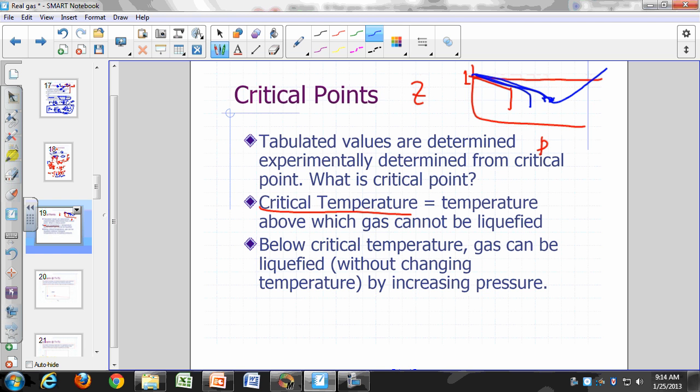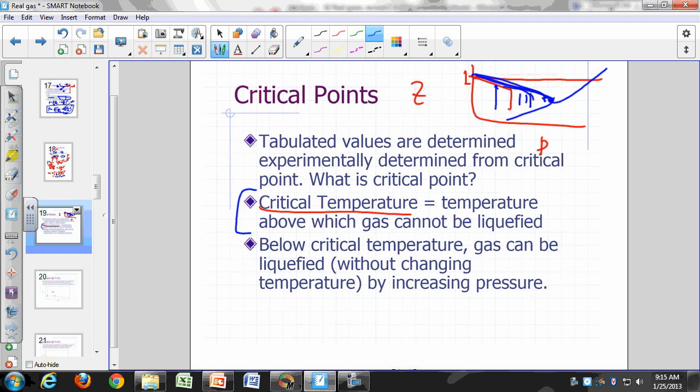All of these drastic drops get smaller and smaller until you reach this point right here, which we call the critical point. So that's an inflection point in the curve. And the temperature where that happens is called the critical temperature. So below that critical temperature, your gas can be liquefied without changing its temperature. All you have to do is squeeze the gas, increase the pressure, without cooling it.